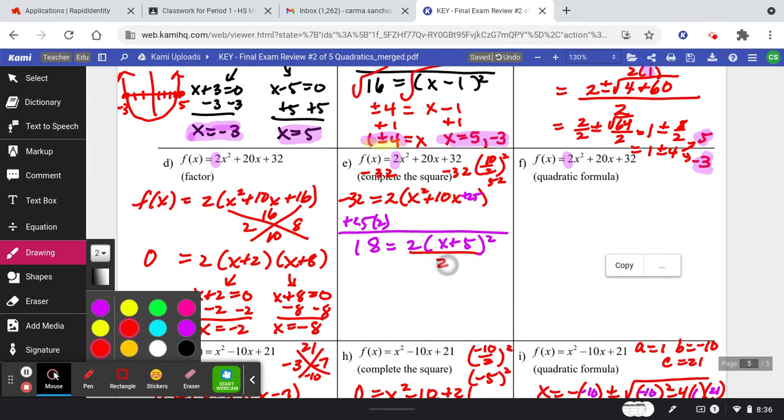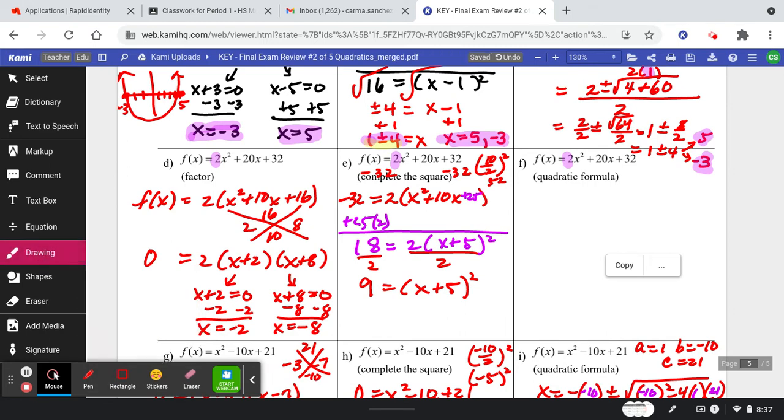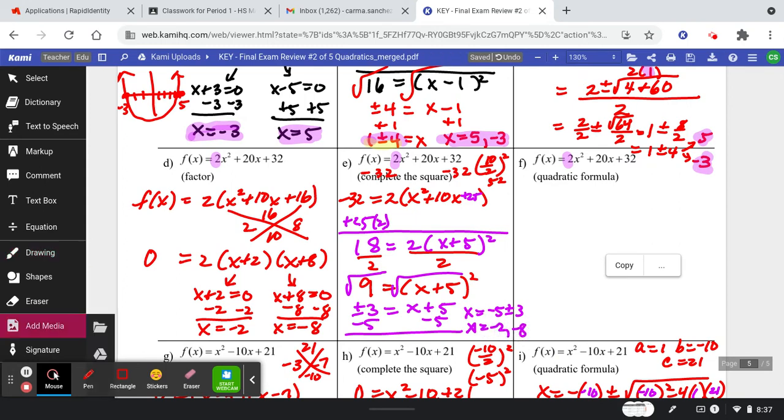We now divide out a 2, leaving us 9 is equal to the x plus 5 squared perfect. We're now ready to square root both sides. Remember, that's going to leave me plus or minus 3 on the left, x plus 5 on the right, negative 5 to both sides. We get x is equal to negative 5 plus or minus 3. So negative 5 plus 3, that's negative 2. Negative 5 minus 3, that's negative 8. I get the same two answers I just got a second ago.